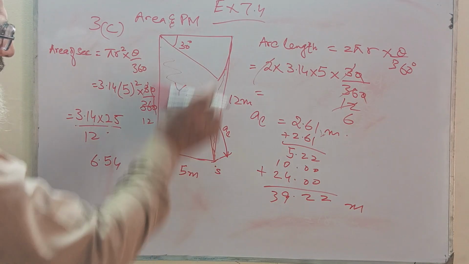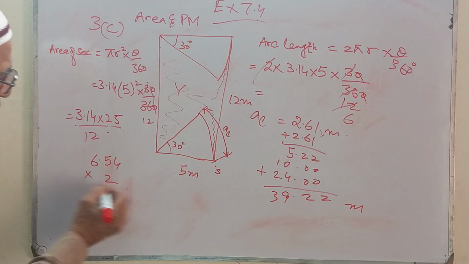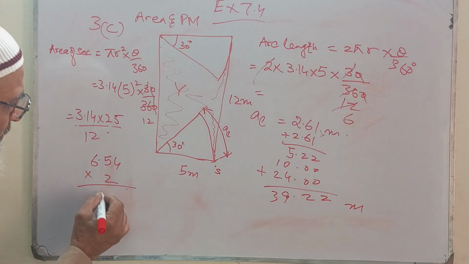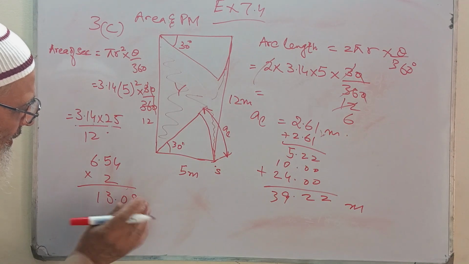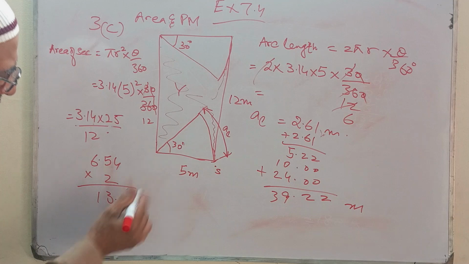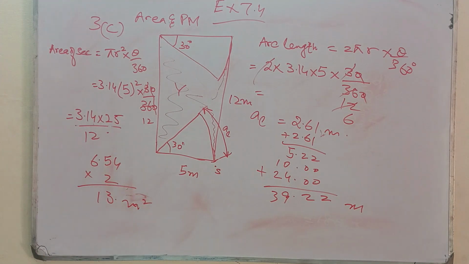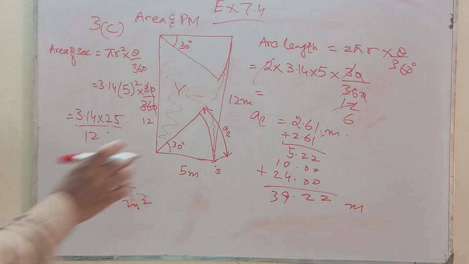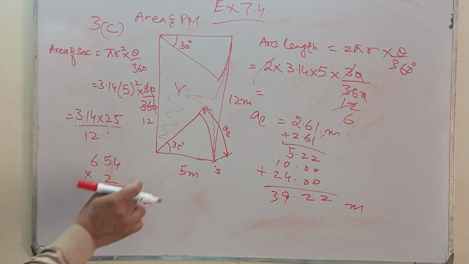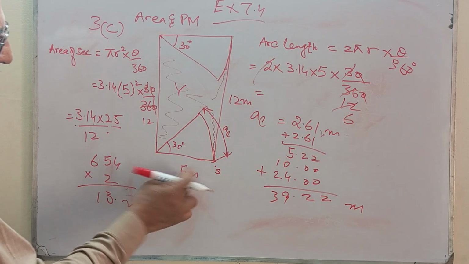Now we have two sectors over here, so multiply it with 2. It will become 13.08. Just ignore the 08 from here. It is 13 meters square because it is given in meters. Now the area of the whole rectangle is 12 multiplied by 5, which is 60 meters square.